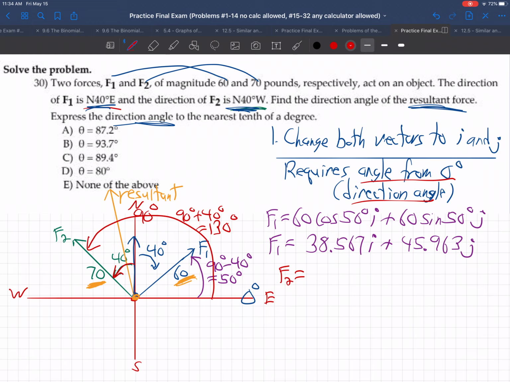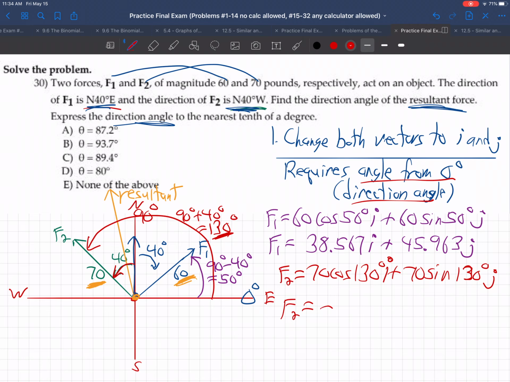His direction angle from 0 must be 130 degrees. So he's going to be 70 cosine of 130 i plus 70 sine of 130 j. So take out your calculator. Let's figure those out.